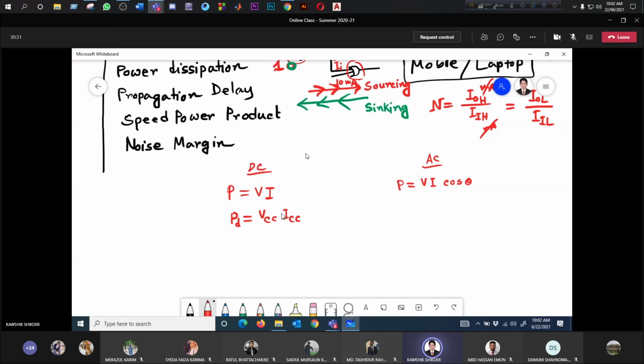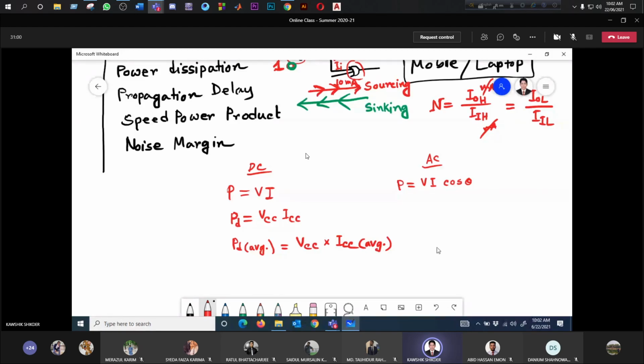Now the modification: PD average is equal to VCC into ICC average, because the value of current depends on the number of loads connected, but the voltage is fixed. That's why it's ICC average.